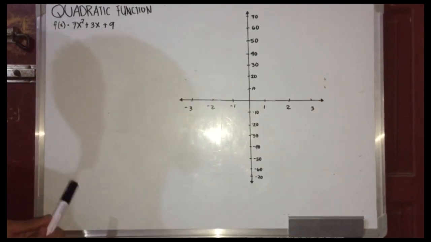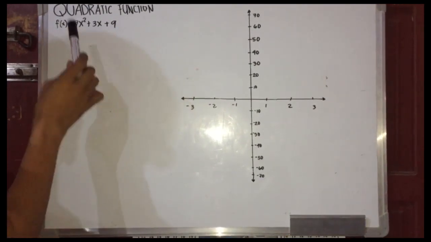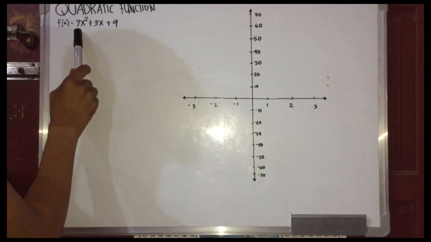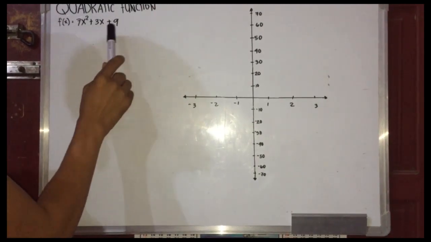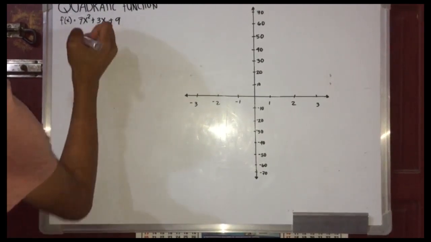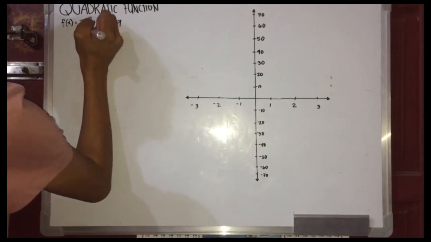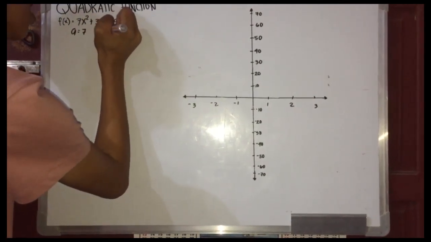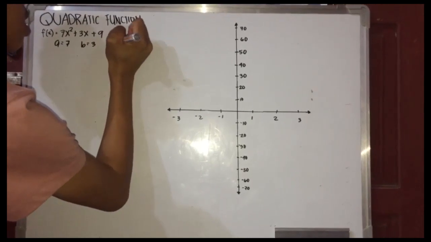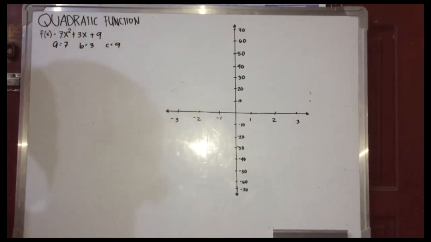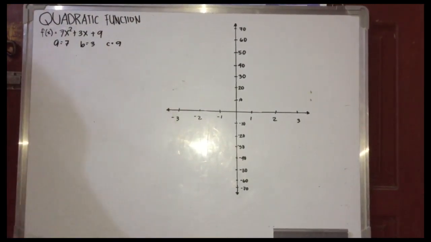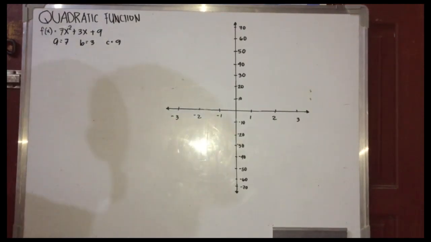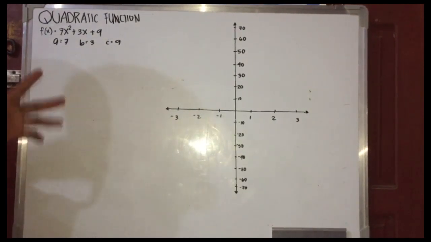We can see that it is in the form f(x) equals ax squared plus bx plus c. So our a here is 7, our b is 3, and our c is equal to 9. The first thing we need to do is find the vertex of our graph.